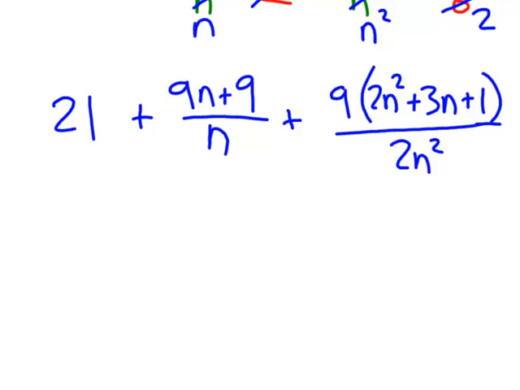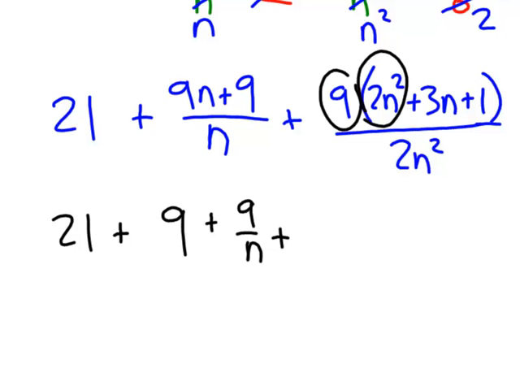So let's just leave that there as 21. And let's break it apart. 9n over 9 will give us just 9, right? Plus 9 over n. Now, 9 times 2n squared over 2n squared will give us plus another 9.